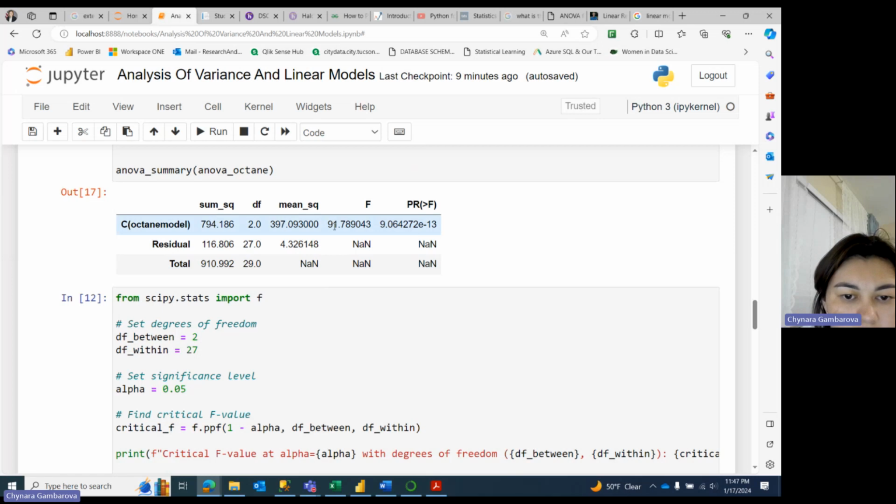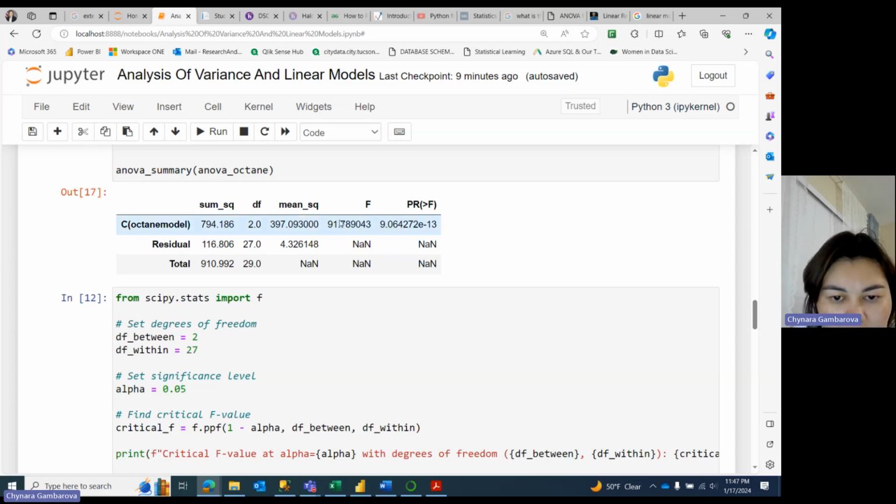And as you can see, in the sum of squares, we know that this first row represents the variation between the groups, and the second row is within the group. So we know that the F value is the ratio of the mean between groups divided by the mean within the group. It is very important.